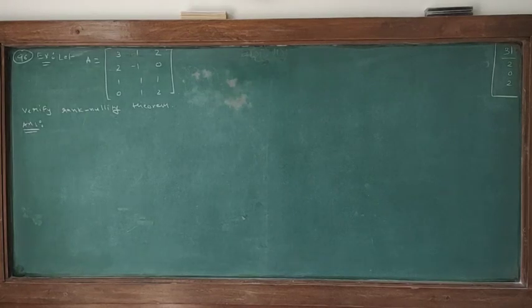There is one sum on the board. Matrix A equal to 3 2 1 0, 1 minus 1 1 1 and 2 0 1 2. We have to verify the rank nullity theorem.